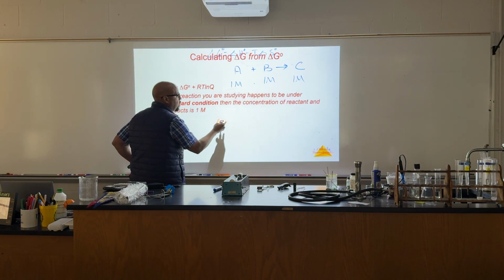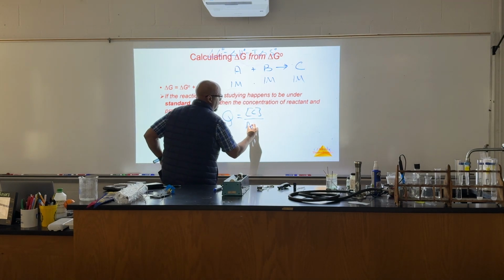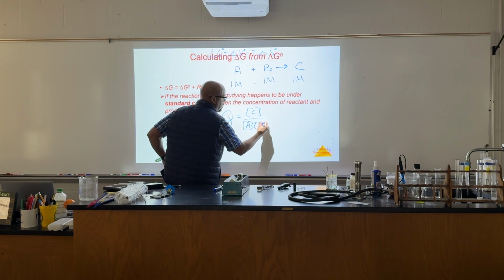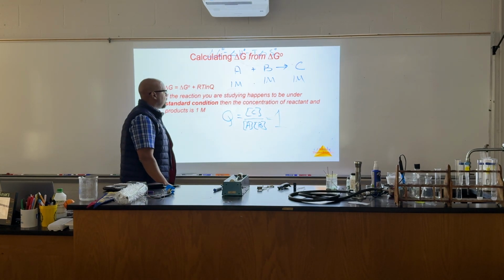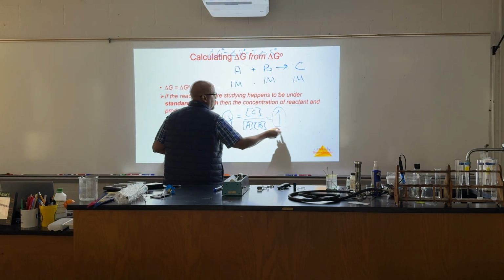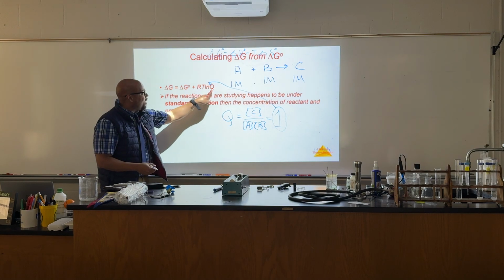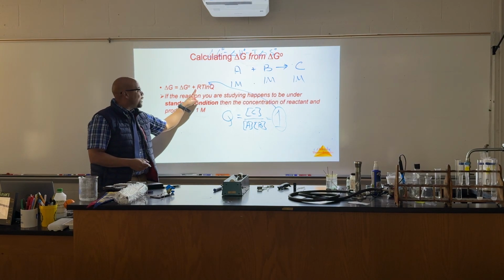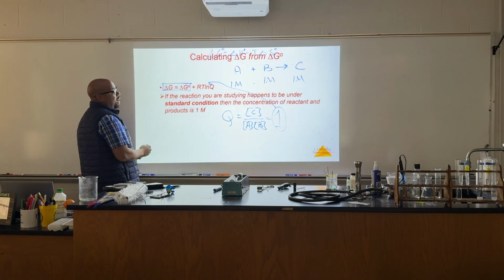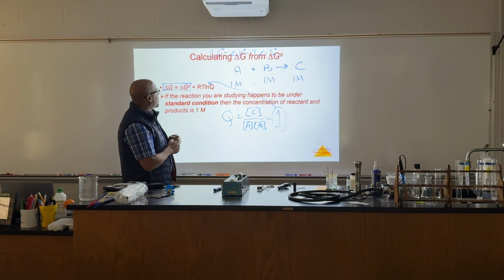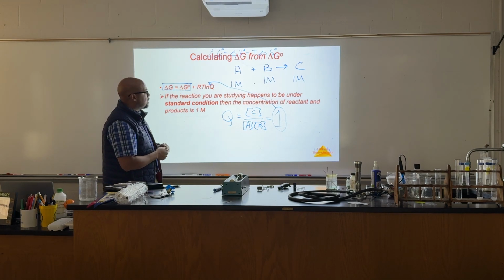But if you look at the Q situation, products over reactants, the concentration of C divided by the concentration of A times the concentration of B. If I put 1, 1, 1 here, Q is just going to be 1. And if you put 1 into this expression for Q, the ln of 1 happens to be 0, which says I'm already at standard conditions. It reaffirms that at standard conditions, delta G is going to be the exact same thing as the delta G at standard conditions.